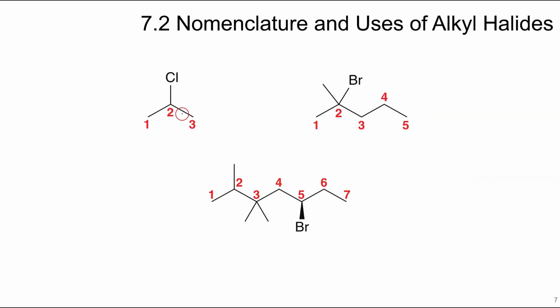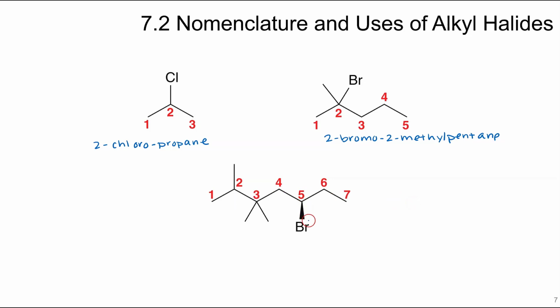Okay, so to name this one, the parent chain is 3 carbons, so we have propane, 2-chloropropane. This one is 5 carbons. We have a methyl and a bromo. Bromo comes first alphabetically. All right, and this is numbered for us.